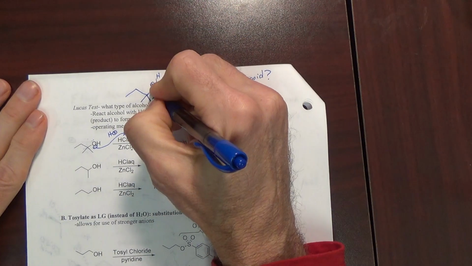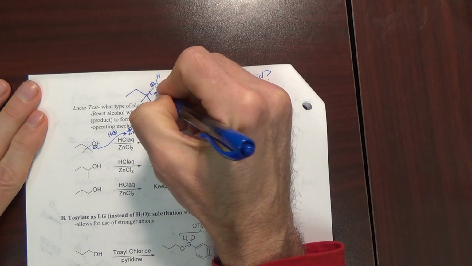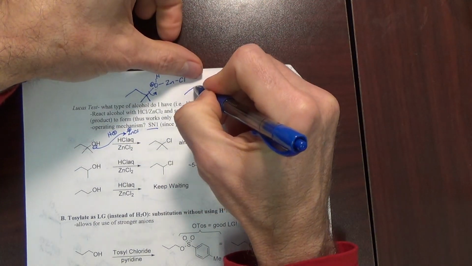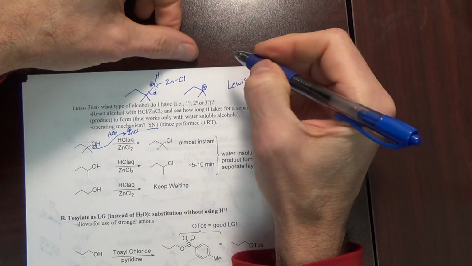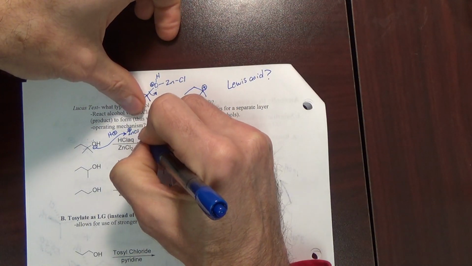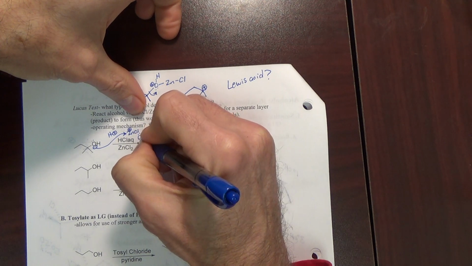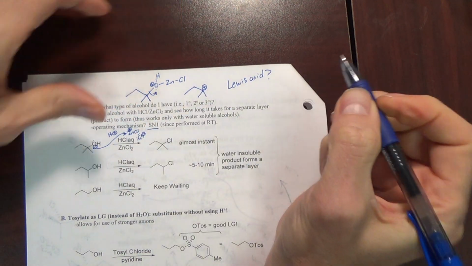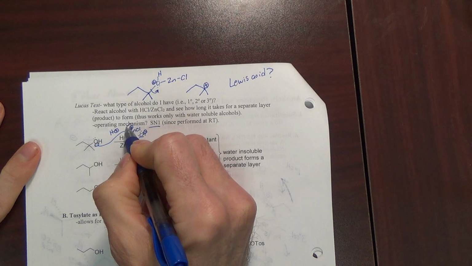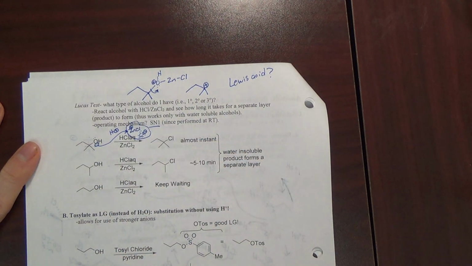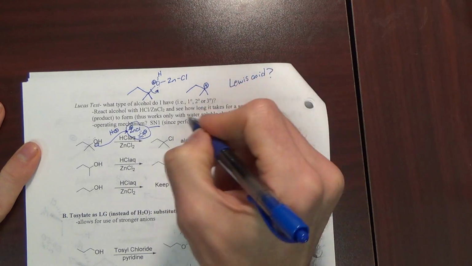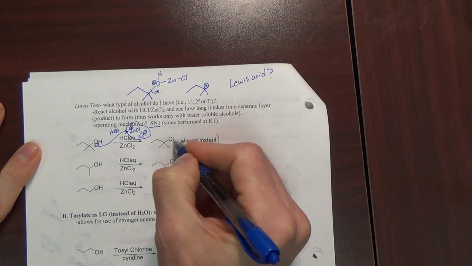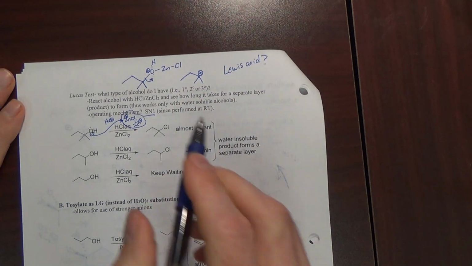From that point, this can ionize and we can get our carbocation, then the Cl minus. I started by showing this ionized here, but then the Cl minus can attack. It's carbocation chemistry, it's SN1, we get the attack and get an alkyl halide.